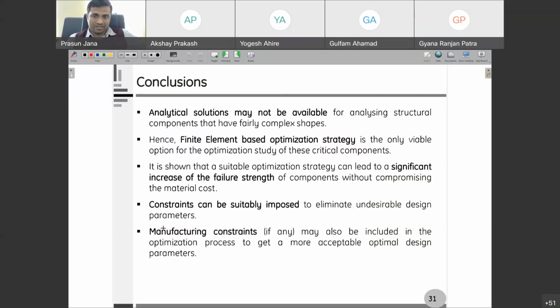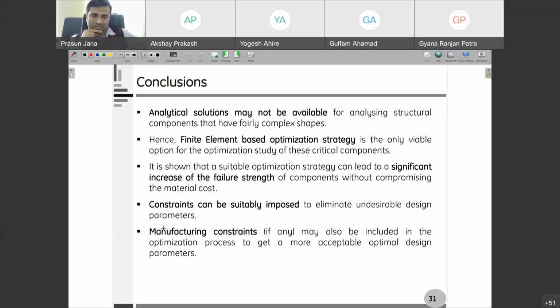We can see that this kind of optimization study can in principle give a significant increase in the failure strength, keeping the material cost the same.